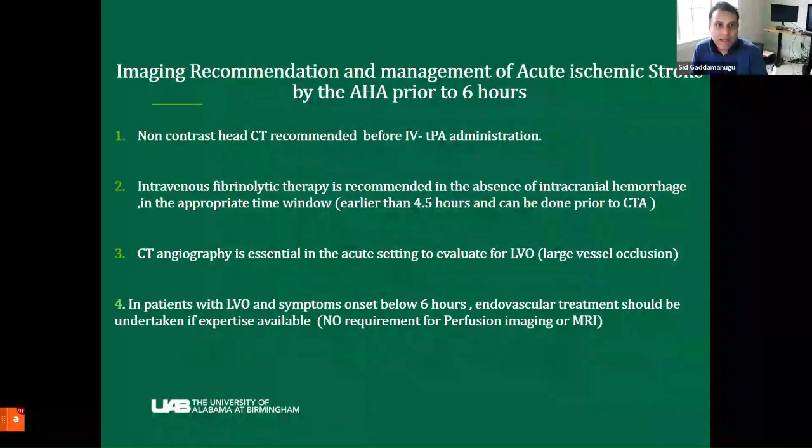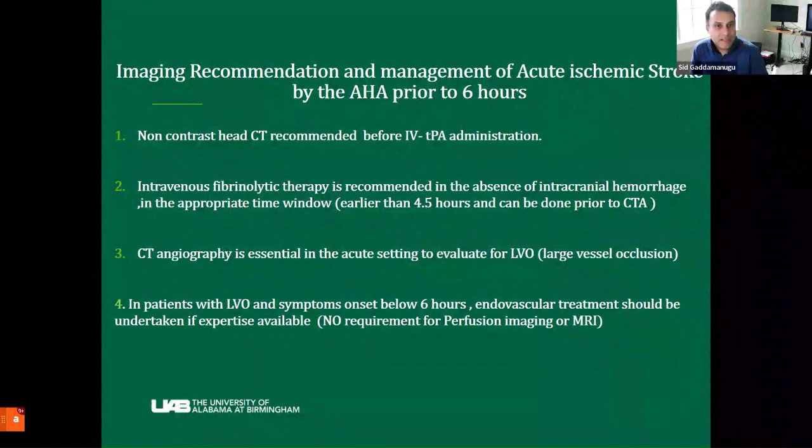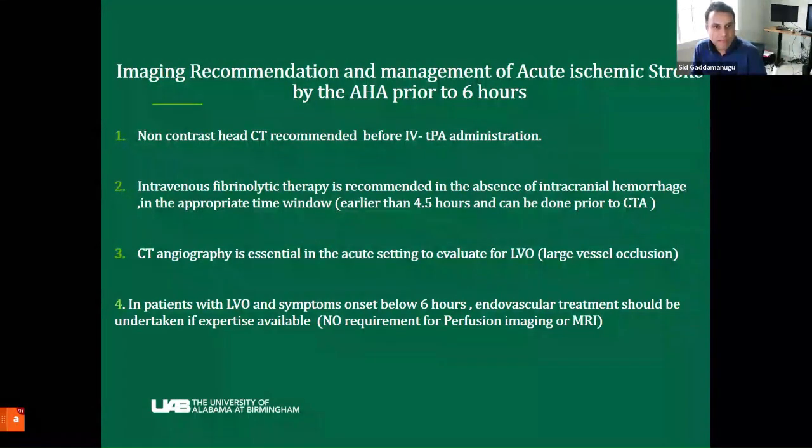So what is the imaging recommendation and management of acute ischemic stroke prior to 6 hours? These are guidelines from the American Heart Association. Everyone receives a non-contrast head CT prior to IV-TPA administration, and IV-TPA is given up to 4.5 hours after symptom onset, and is given prior to performing a CT angiogram.